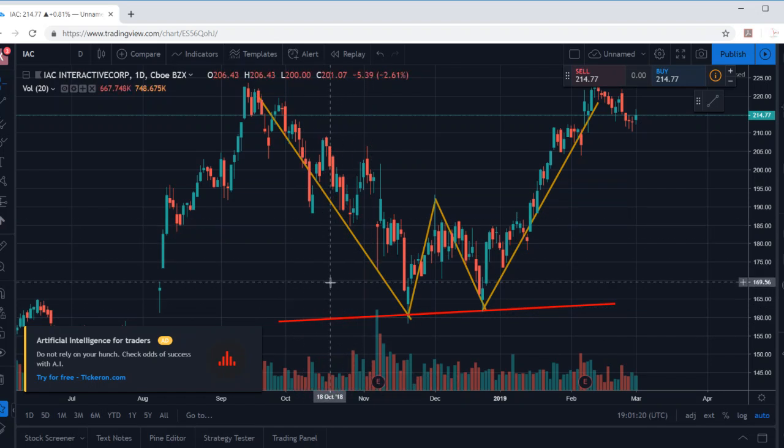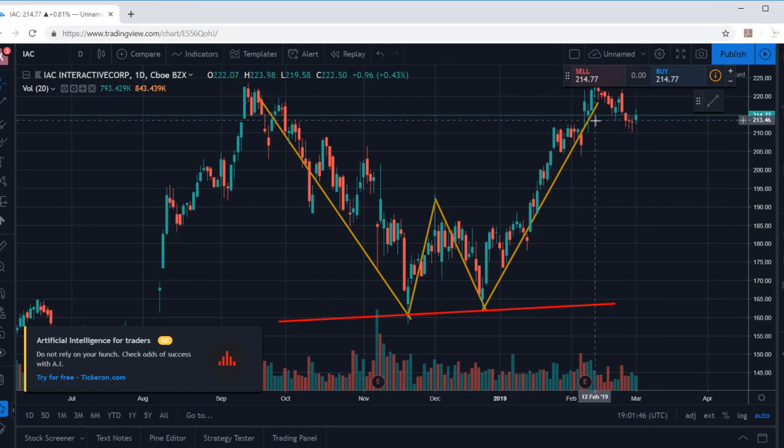So here is the stock IAC. The stock was going downward. If you see the overall trend, it was going downward. Then it bounced off this. It stopped going down, then it bounced. Then it didn't go up further, then it stopped. It started coming down. It bounced off this support again.